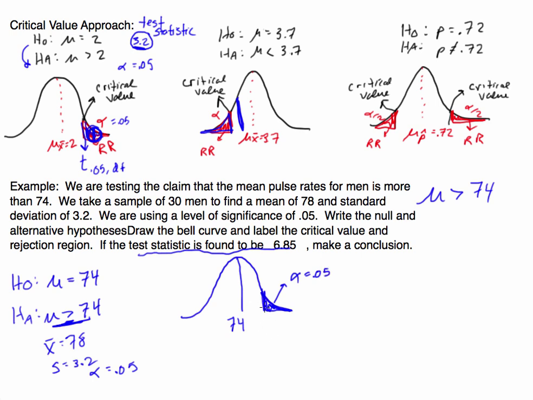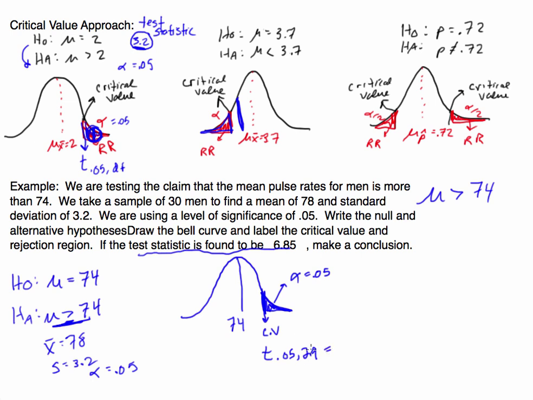If I were to look up the critical value, in other words, what value here, the critical value is going to be a t-score with 0.05 to the right and a certain number of degrees of freedom, n minus 1, our sample size minus 1, so 29 degrees of freedom.